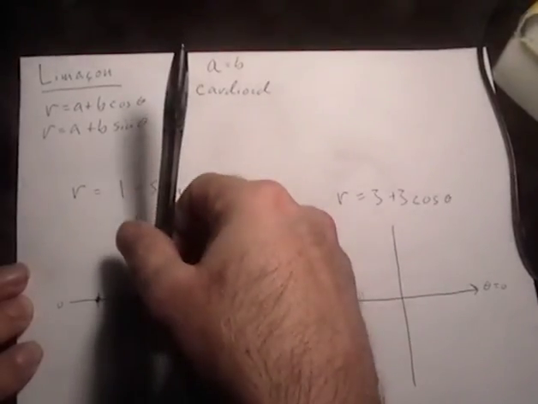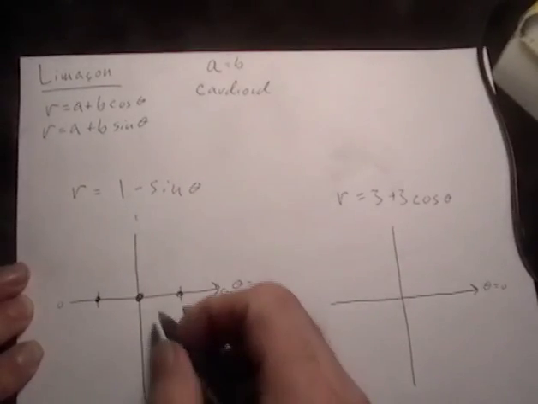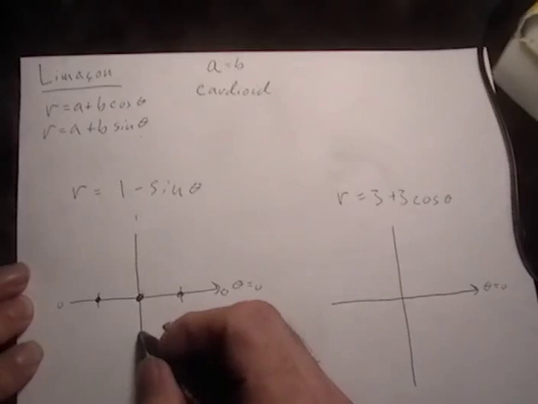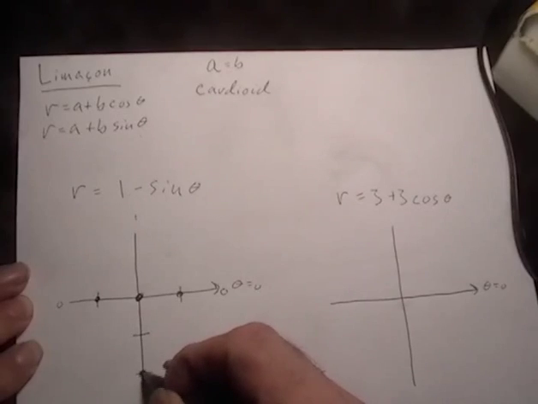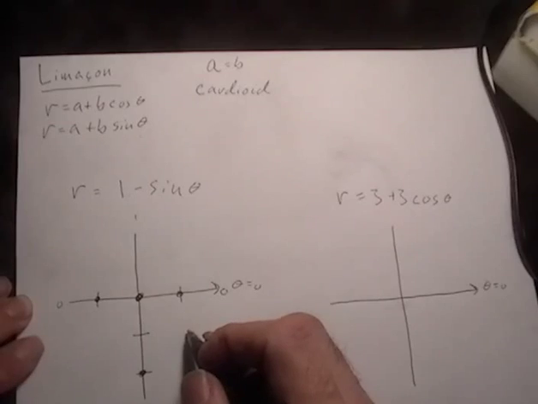And in the theta equals 3 pi over 2 direction, the southward direction, I'm at 1 minus a negative 1, which is going to be a negative 2. So I'm going to pass through these 4 points.